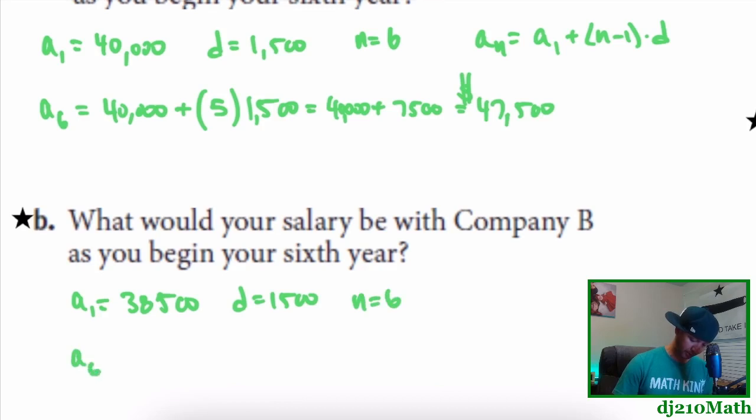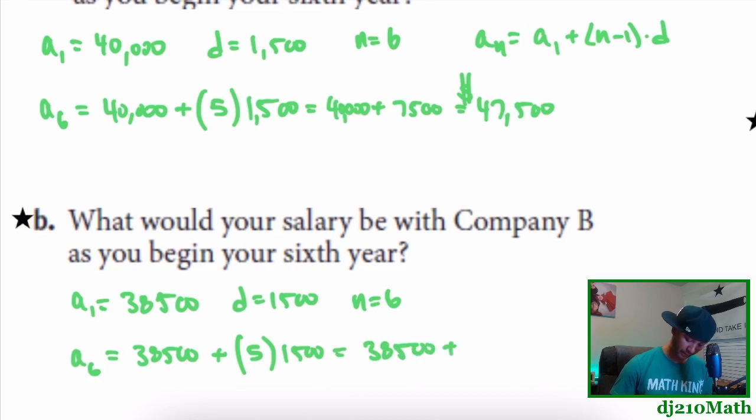So a sub 6 is equal to 38.5 plus 5 times 1,500, that doesn't change. 38.5 plus 7,500, which is 38, 39, 40, 41, 42, 43, 44, 45. 45.5 plus 5, 46.